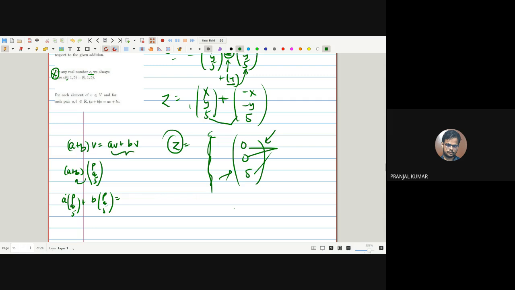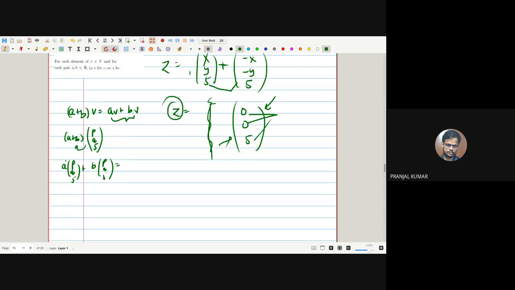And on the RHS you have to check. Sorry, you don't have to check that. What you have to do is scale this vector by a plus b. So this will become (a plus b) times p, (a plus b) times q, and 5.